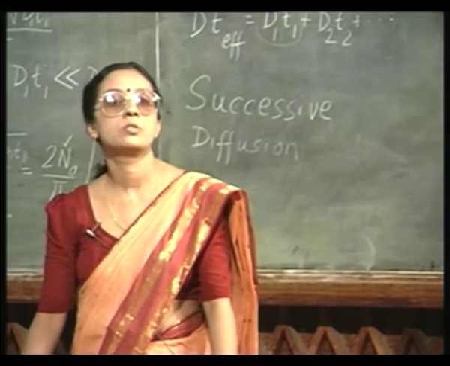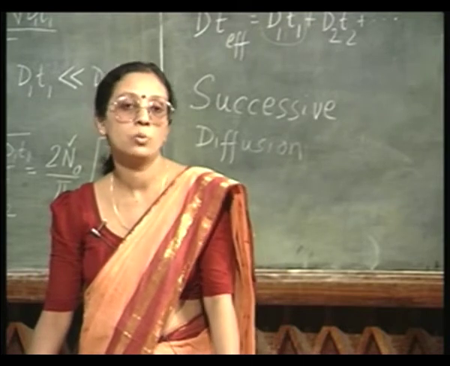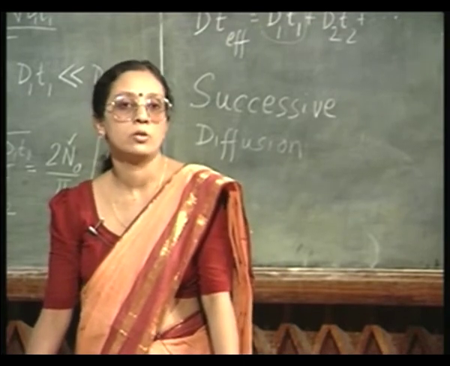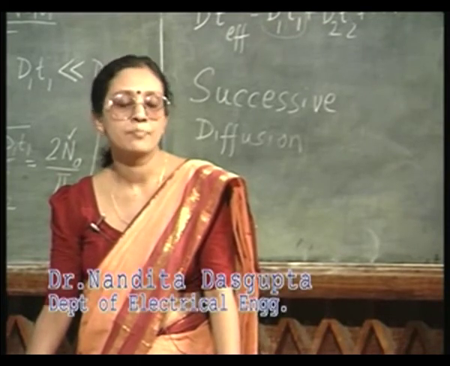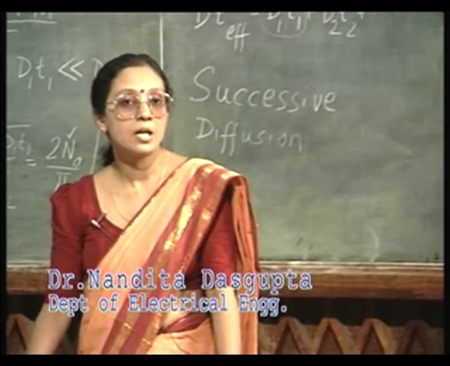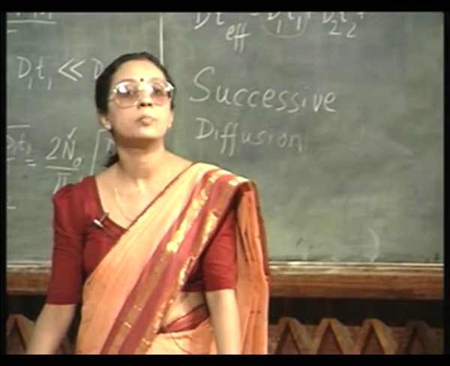In a practical situation, the diffusion coefficient may have various components, one independent of doping concentration, one proportional to doping concentration, and like that. And which term of the diffusion coefficient is going to dominate will depend on the particular situation.